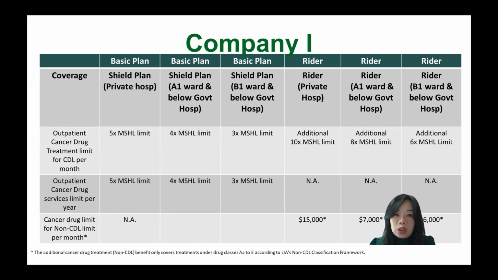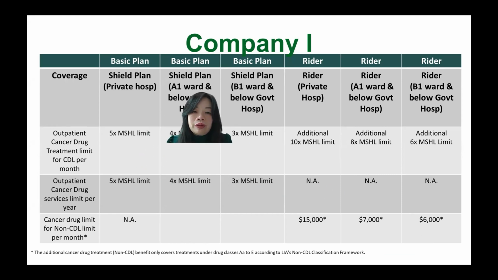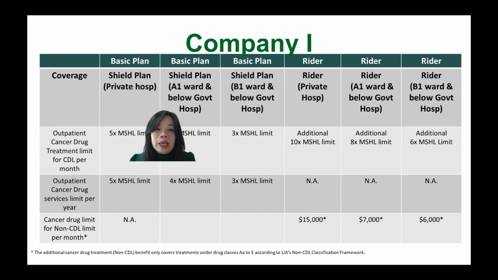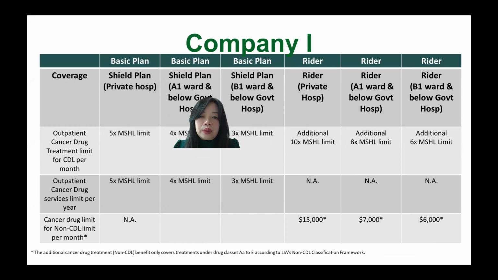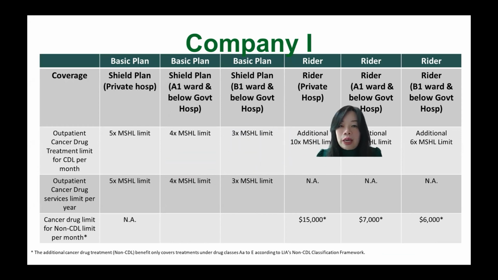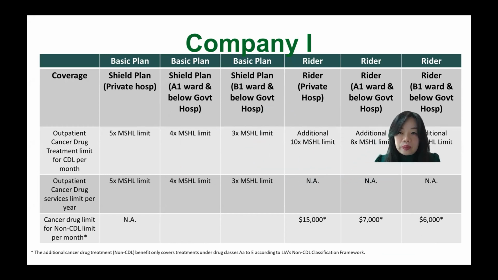This is an illustration of company I. For company I, I'll be running through various categories. Assuming there's the plan that covers private insurance company and its rider, the plan that covers government hospital up to A1 ward and its rider, and B1 ward and below government hospital and its rider.